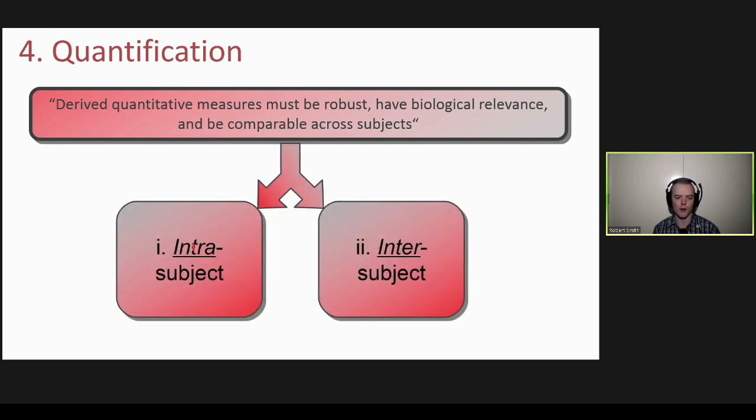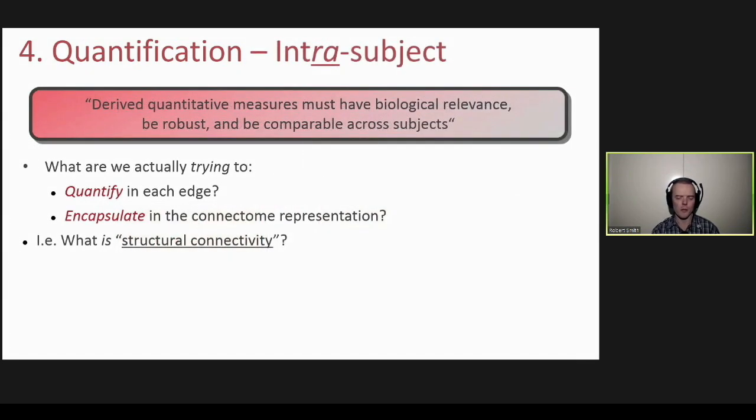I'm going to focus mostly on what I'm calling here intra-subject. The basic question, at least in the context of connectome construction, is: we've got a parcellation, we've got a set of nodes, we've got all of our edges between our different nodes. What are we going to quantify for each of those edges?